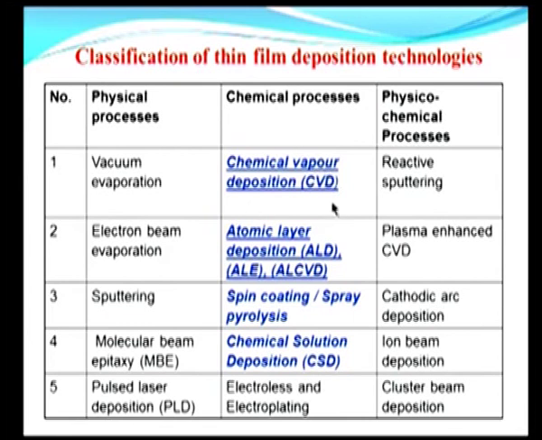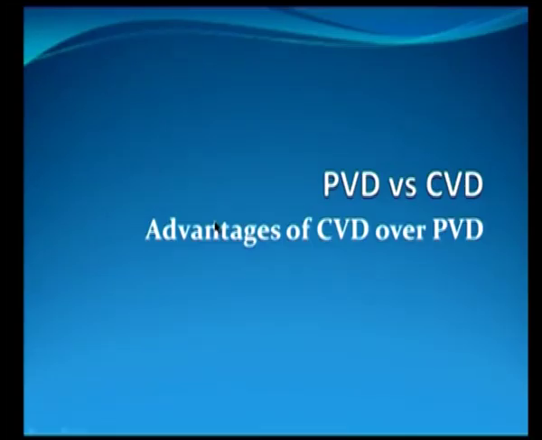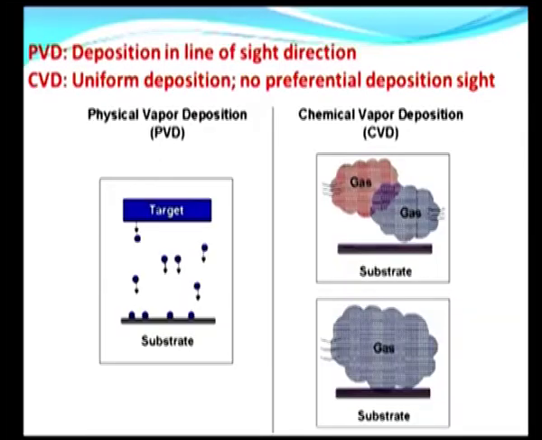We have just now gone through the chemical vapor deposition process. There are numerous other methods like sputtering and plasma enhanced methods, ion beam deposition and so on. Now, there are PVD and CVD methods with advantages for CVD over PVD and PVD over CVD.